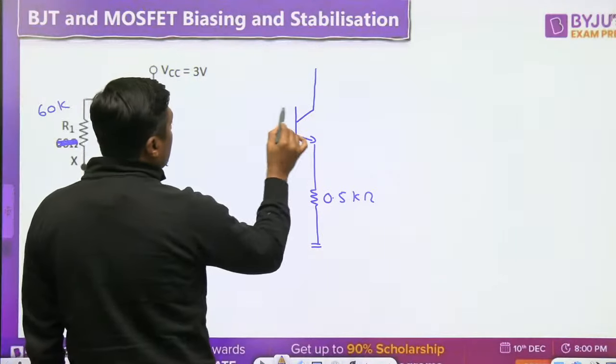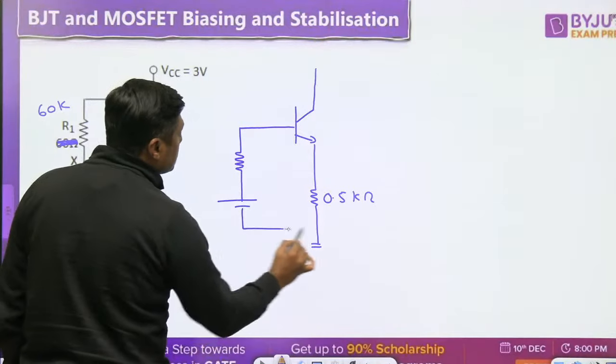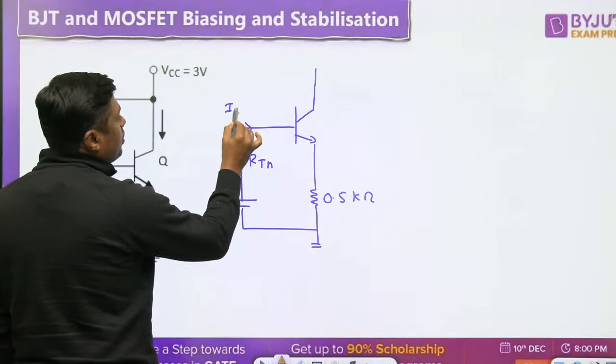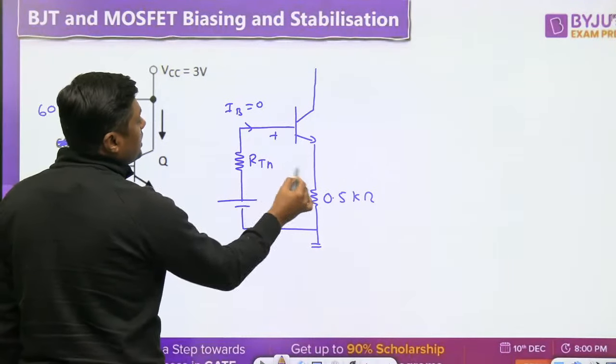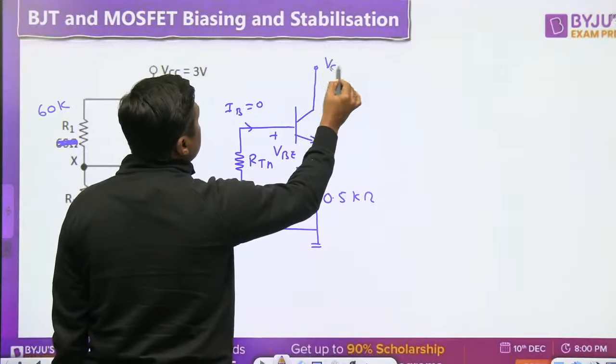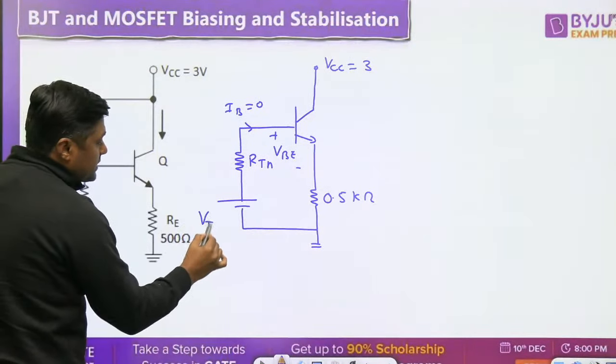Then no need to calculate the RTH because beta is very large, IB is 0. This voltage is VBE, and this is VCC, that is the 3 volt, and already we have calculated the VTH.